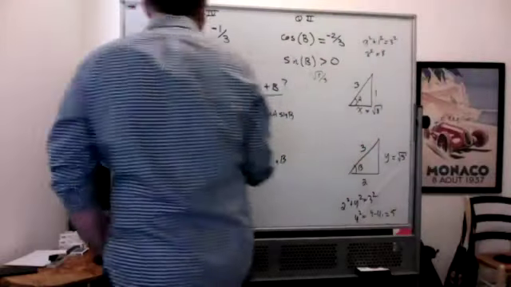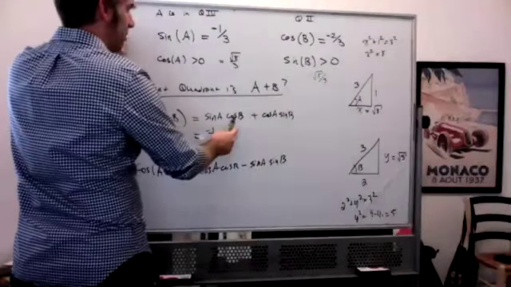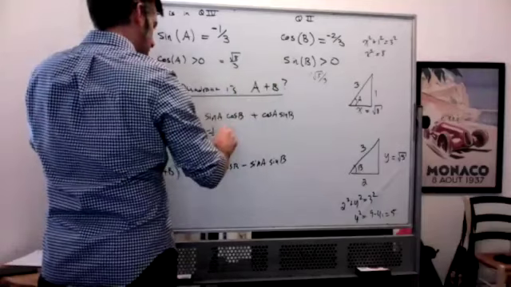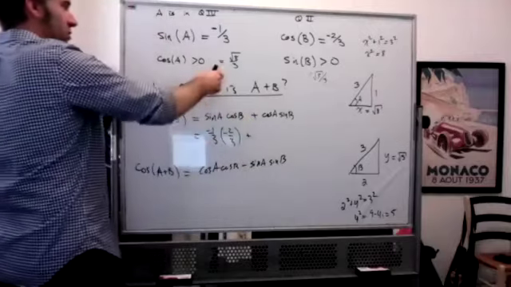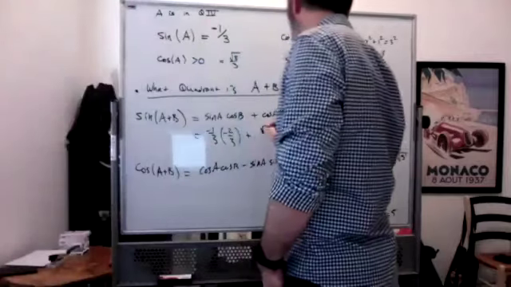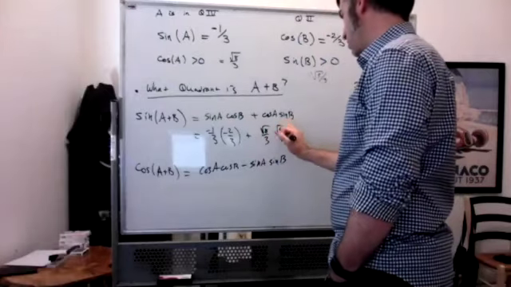Okay, so sine of A is negative 1/3, cosine of B is negative 2/3, cosine of A is root 8 over 3, and sine of B is root 5 over 3.